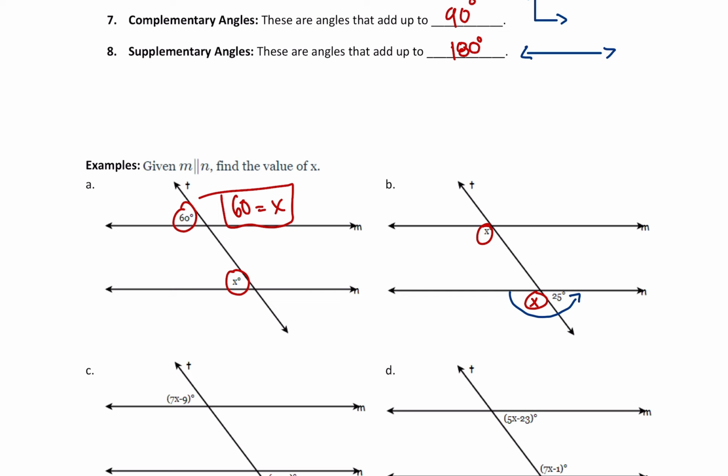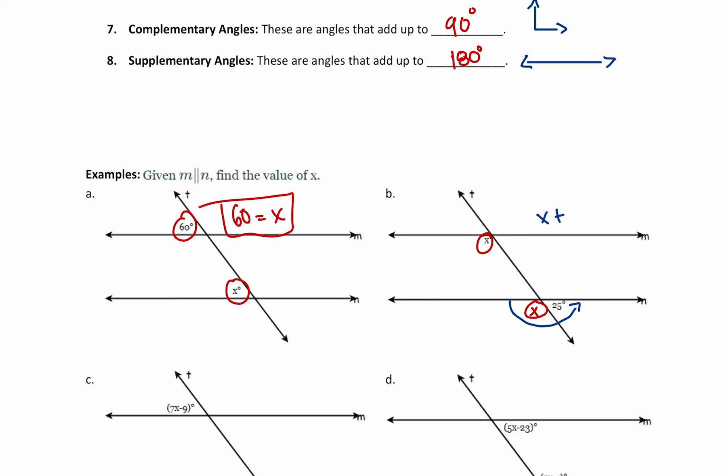So I can say x plus 25 is equal to 180. Then I can just subtract my 25 from both sides and get x is equal to 155.